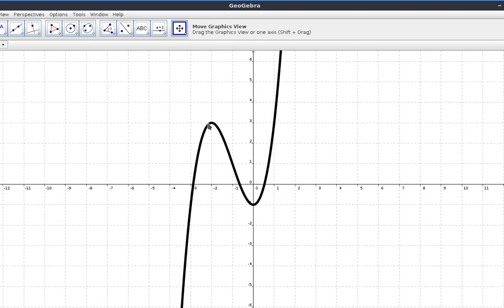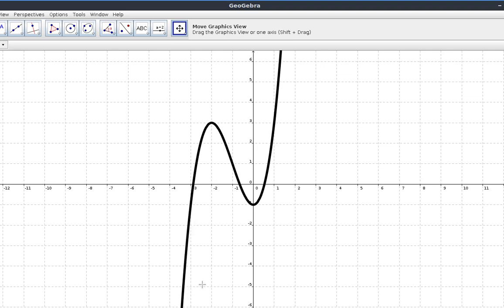Now this is called a local maximum point because if you go across, there are points higher than it. So it's only maximum within a small region, within this region. This is also a minimum point, but you call it a local minimum point because if you go to the left straight across, you have other points that are lower than it.